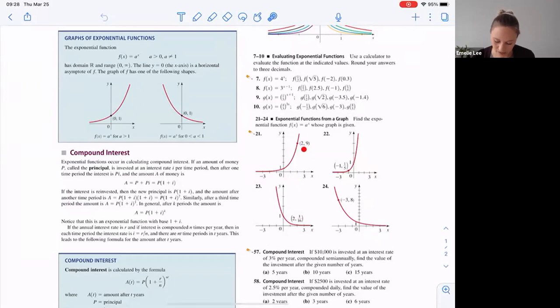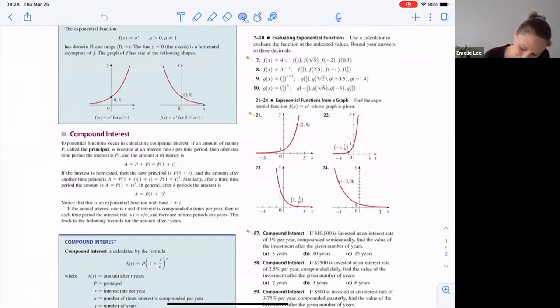And then if you're given a point anywhere on this curve, well, that's an xy coordinate, right? So that's an input-output coordinate, and you can use that to find the equation of the actual graph. So let's just pick one here, do 23.